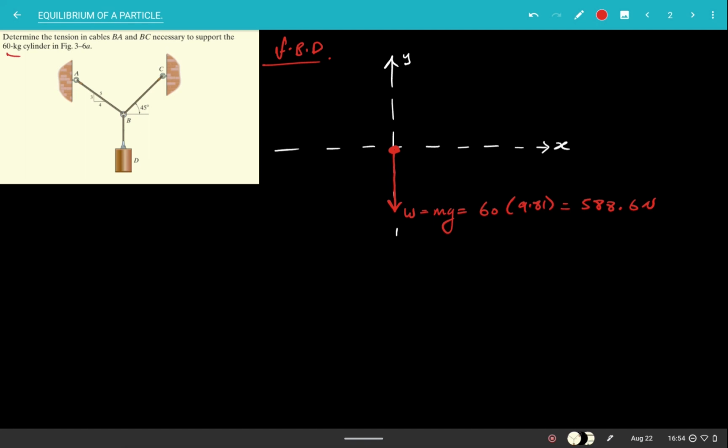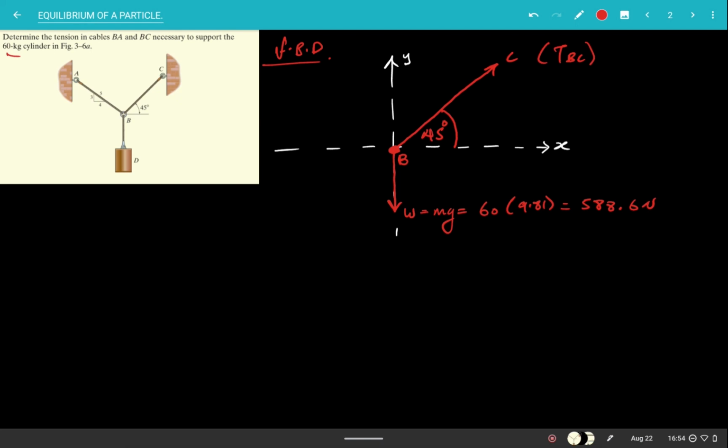Other than that, you can also show the tensions in the ropes that we have. So we have the tension acting this side at an angle of 45 degrees. This is point B. So this tension from B to that point, which is C, is going to be tension BC.